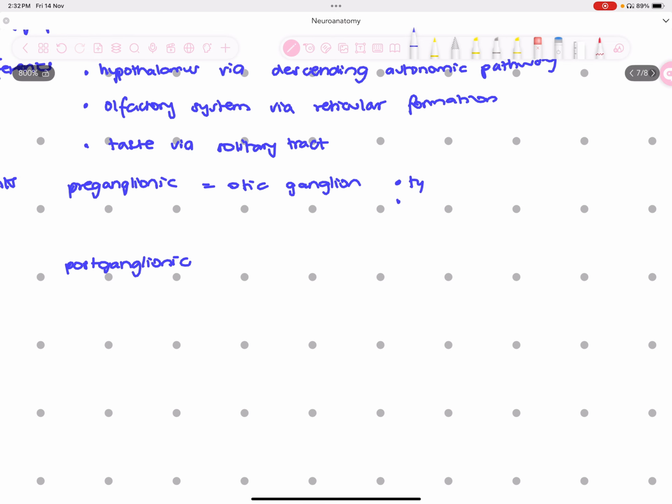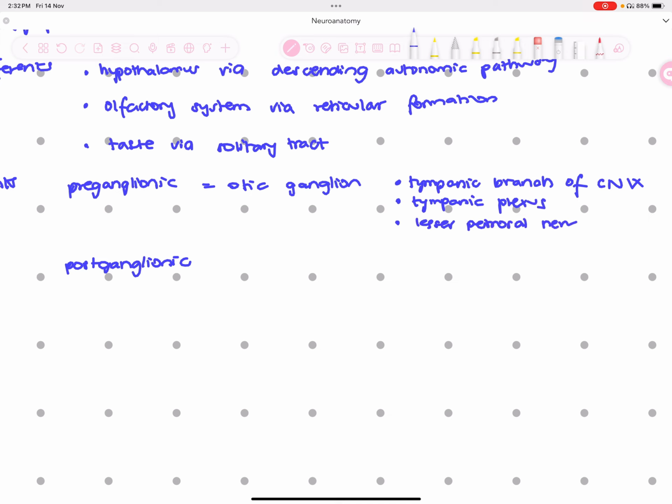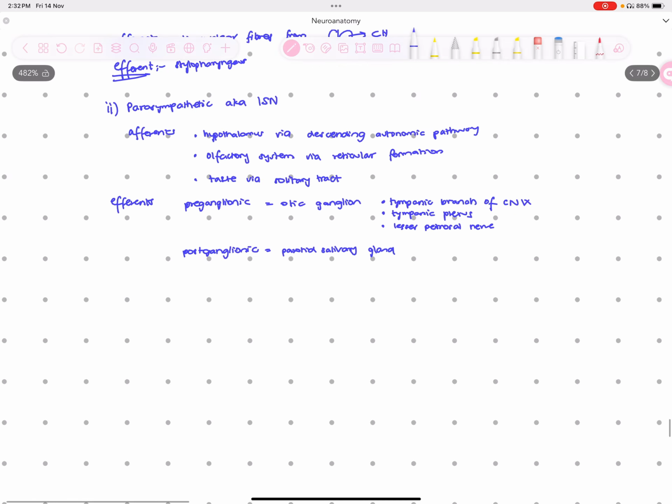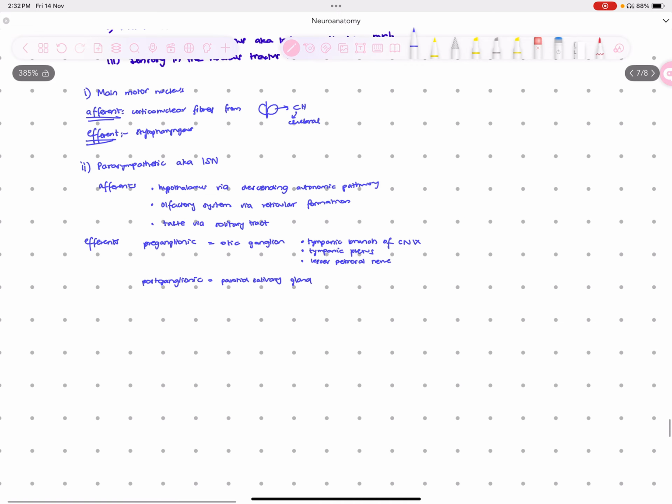One is the tympanic branch of the glossopharyngeal nerve, the other is the tympanic plexus, and then you have the lesser petrosal nerve. Then its postganglionic goes to the parotid salivary gland. So these are the afferents and efferents that you need to know in order to have a clear picture of the anatomy of the nuclei of the glossopharyngeal nerve.